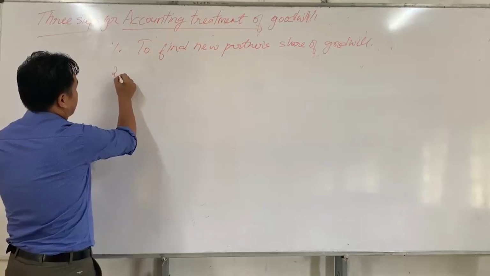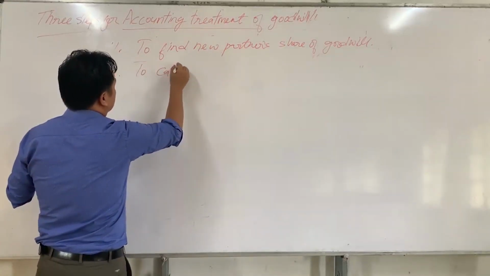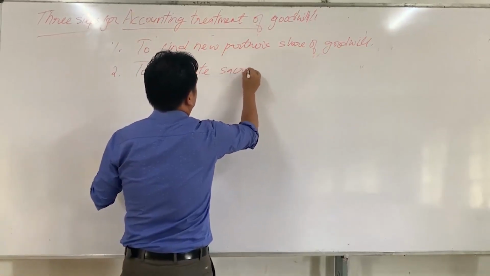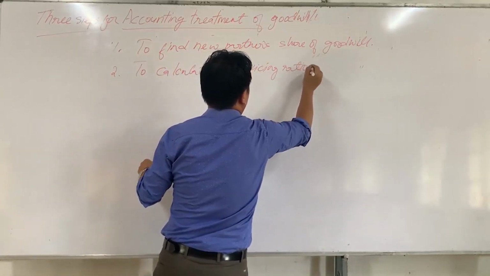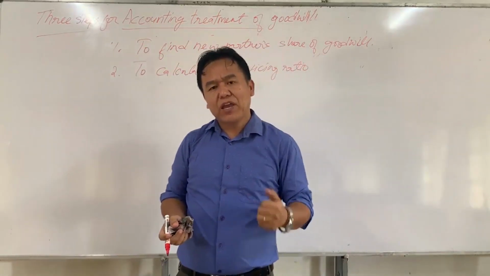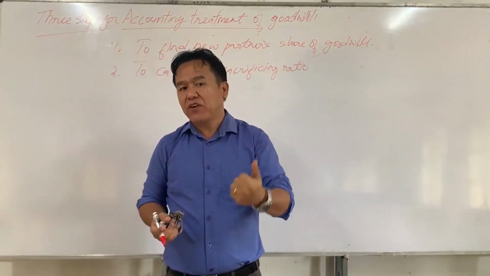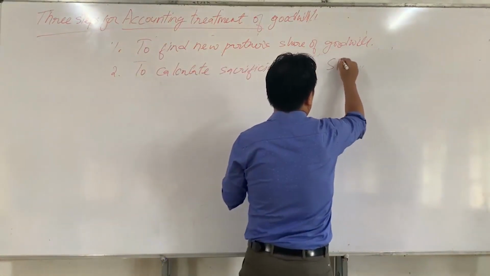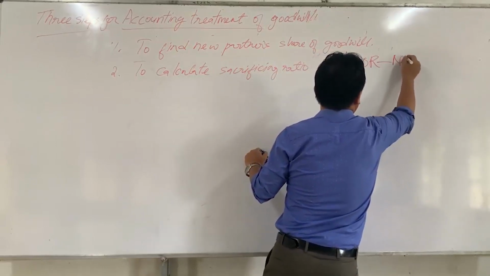The second step is to calculate the sacrificing ratio. So what is the sacrificing ratio? Sacrificing ratio is the ratio in which old partners sacrifice a part of their share in favor of the new partner. The formula of sacrificing ratio is equal to old ratio minus new ratio.